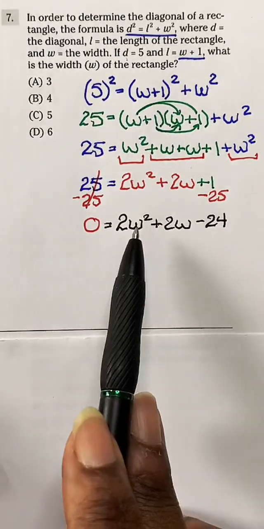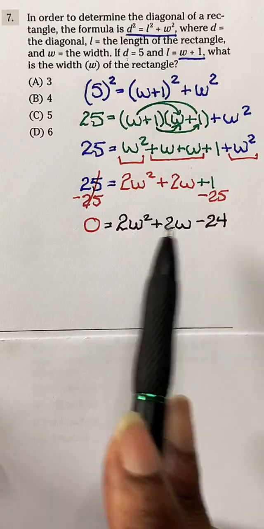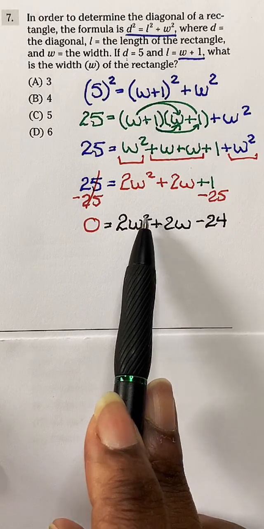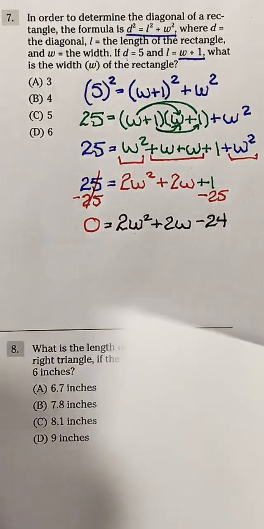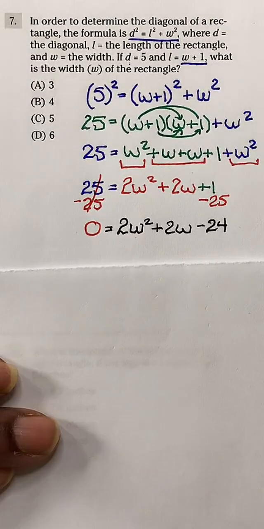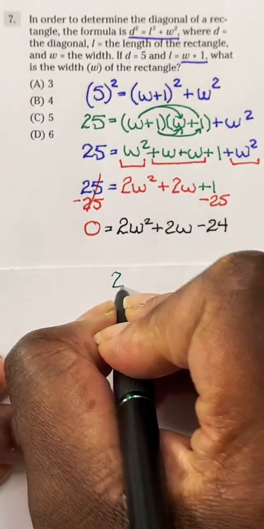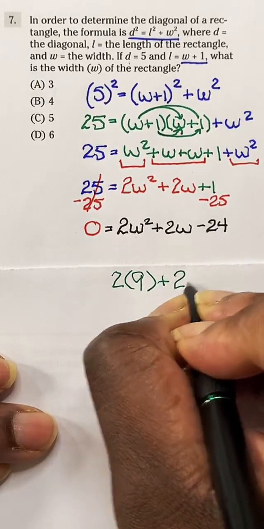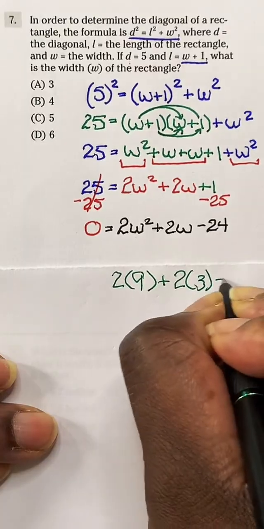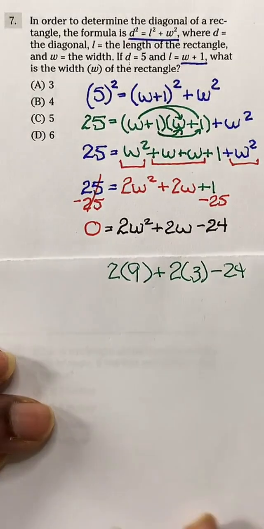So if I plug in a 3 for the W's, I will have 3 squared, which gives me 9. So that means I have 2 times 9 plus 2 times 3 minus 24.